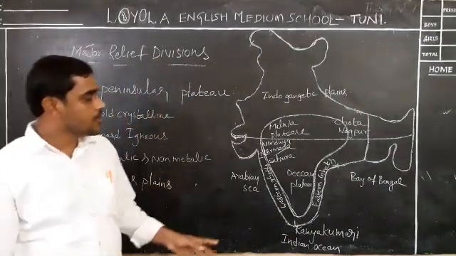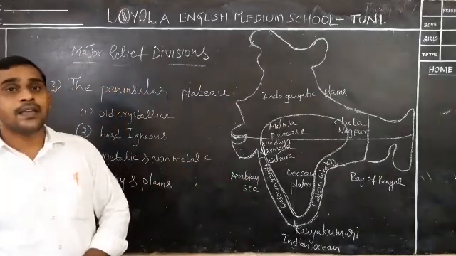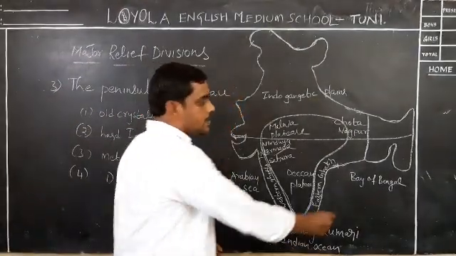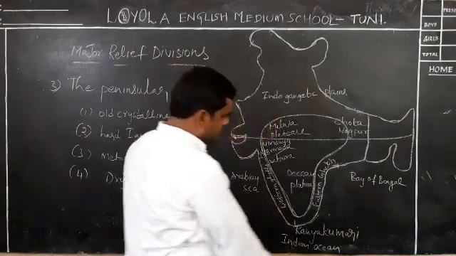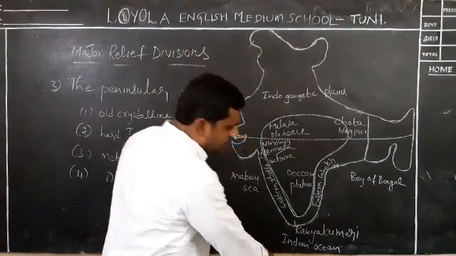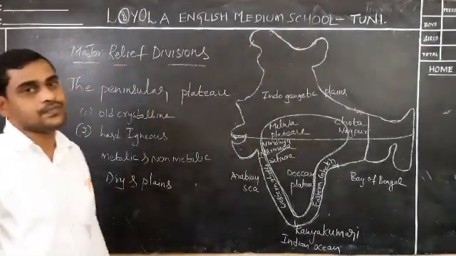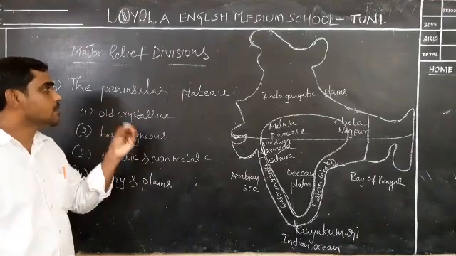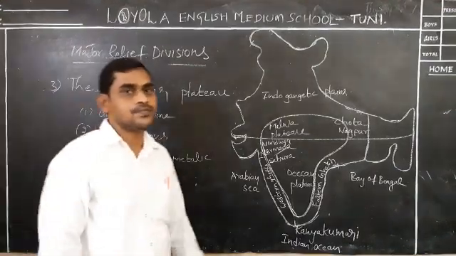Mainly, the plateau is surrounded by sea on three sides: the Bay of Bengal in the east, the Arabian Sea in the west, and the Indian Ocean in the south. What are the important features of the Peninsula Plateau?